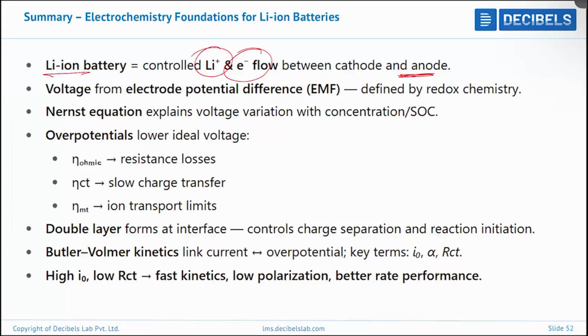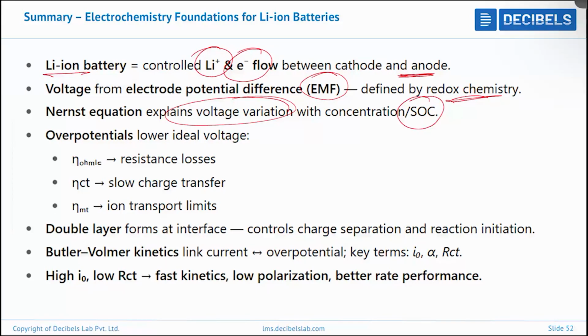The voltage comes from the electrode potential difference, defined by redox chemistry, that is by the Nernst equation, which explains the variation of voltage. That again depends on the concentration of exchangeable lithium, not all the lithium, exchangeable lithium ion in the anode and cathode, which is related to the state of charge.